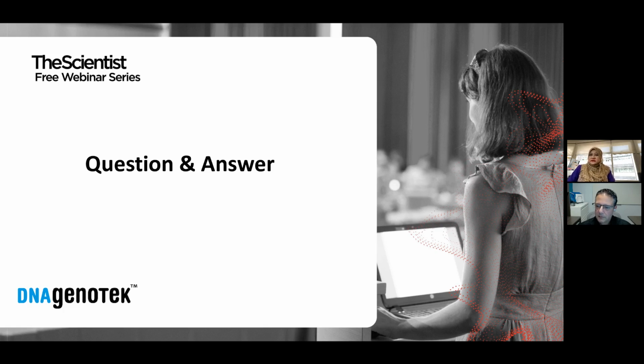The answer actually, we are using a similar protocol, using the reagent PrepIt L2P. That's the name of the reagent for extraction of the saliva swab. Perfect. Thanks so much.